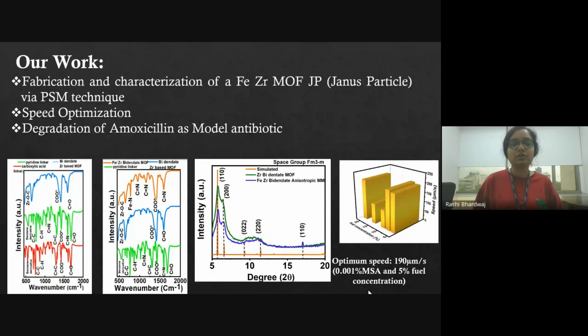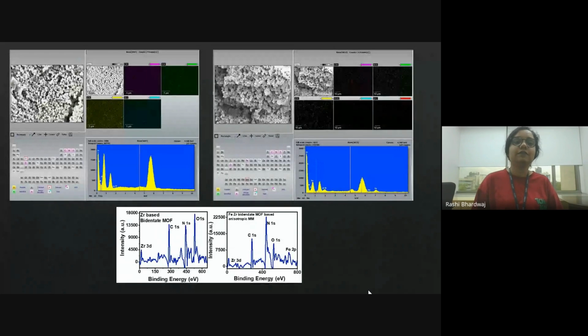So MSA will reduce the friction and stabilize the bubble formation. The formation of this FeZr MOF Janus particle is confirmed by FTIR and XRD as well. EDAX also confirmed the presence of iron in the zirconium bidentate MOF, as did XPS.